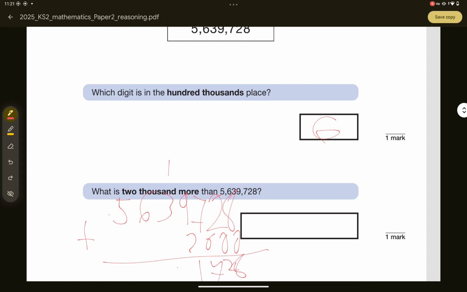Carry the other one. 4, 6, 5, 5, 6, 4, 1, 7, 2, 8.